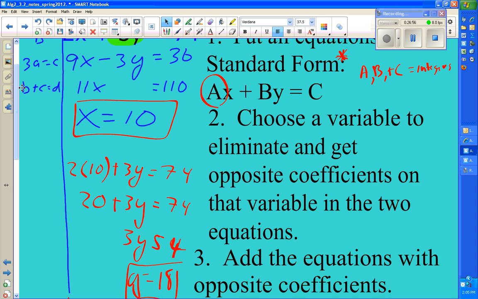You check in the original equation, just any one, either one. Well, look, we got x equals 10, right? We're going to take this and put it into this equation. I think this is the second one. And then I solved for y. The solution, 10, 18, gets checked in the first equation.